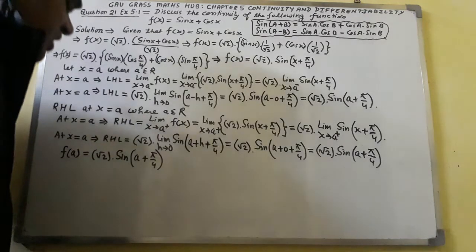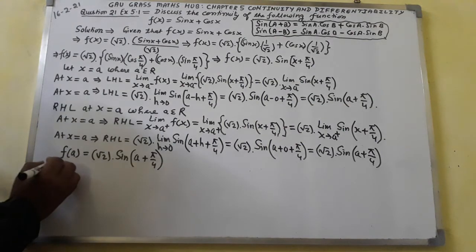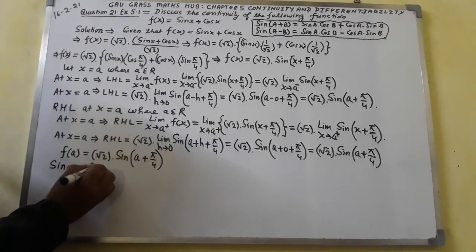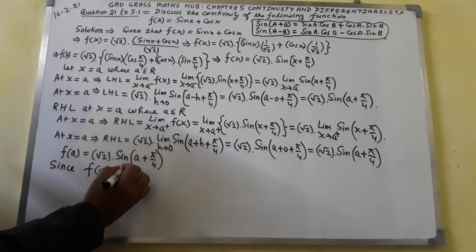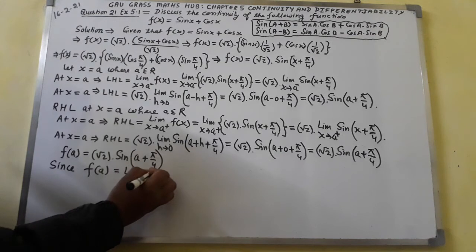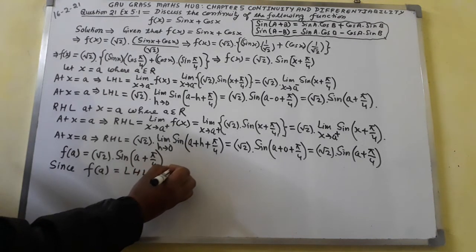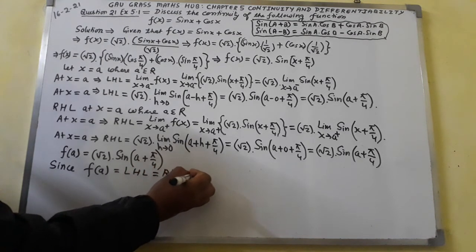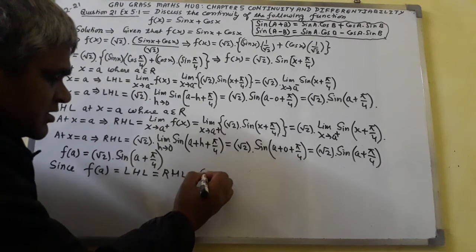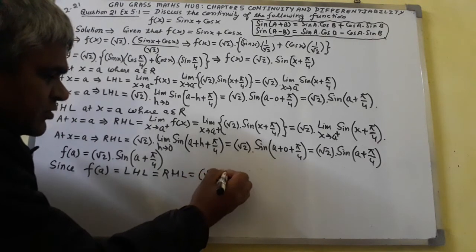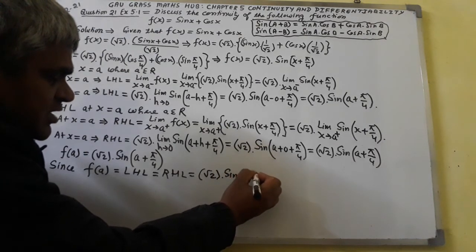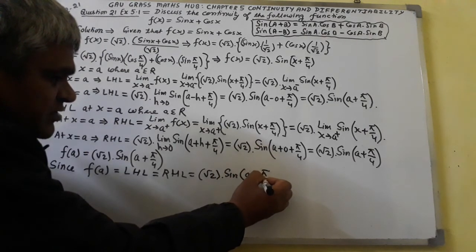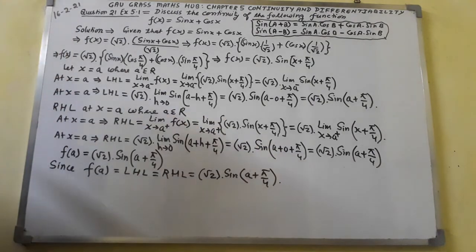So here I can write very well, since f of a equal to left hand limit equal to right hand limit equal to in bracket under root 2 dot sin in bracket a plus pi by 4 you have got it.